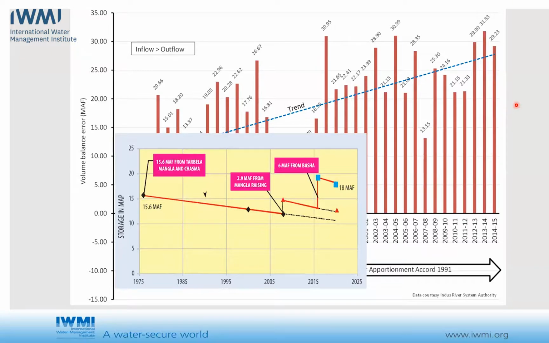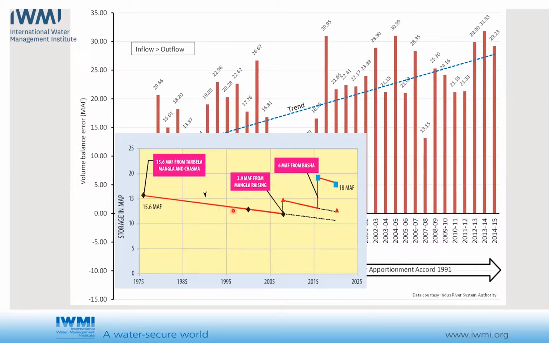Before going into the national water policy, I will give you some context of how large this volume balance error is. For example, you see in this graph that Pakistan had a combined storage capacity of 15.6 million acre feet when the Tarbela, Mangla, and Chashma reservoirs were made in the late 1970s.